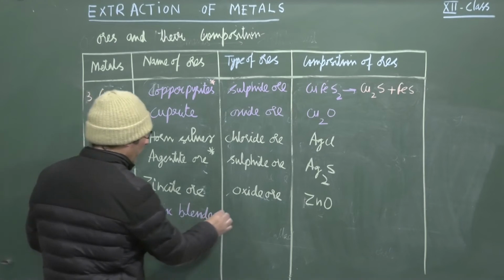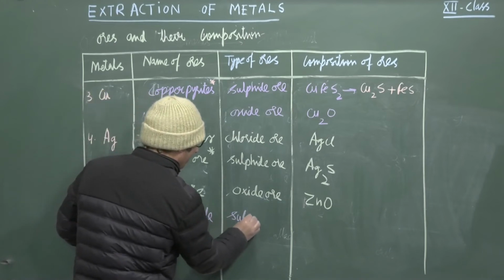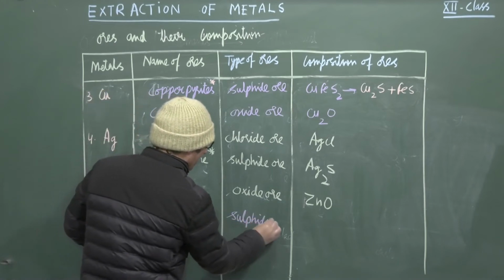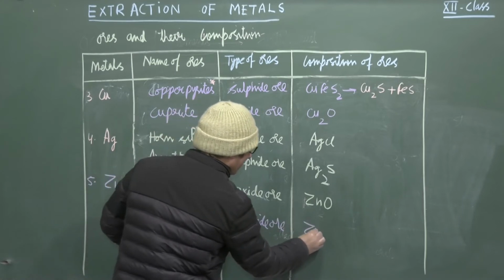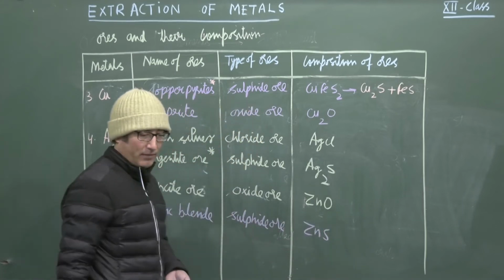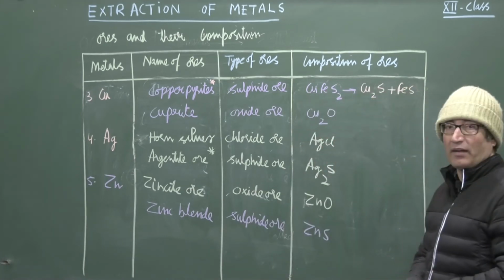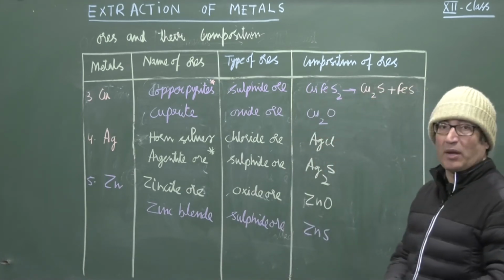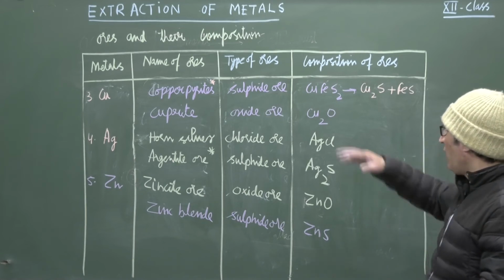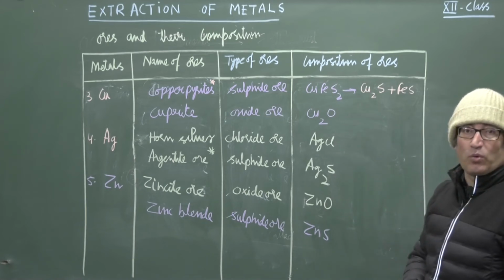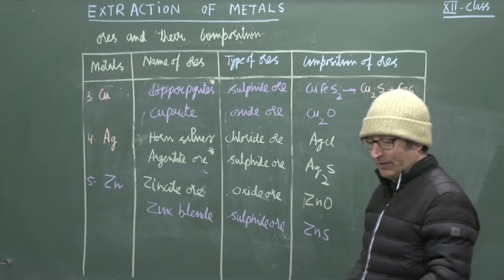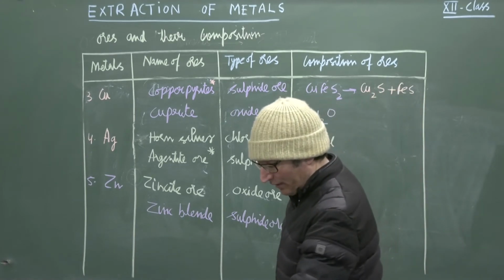This is the sulfide ore, where zinc is present as zinc sulfide. So these are some of the metals which we'll be extracting during the course of this chapter, and these are some of the principal ores from which these metals will be extracted.